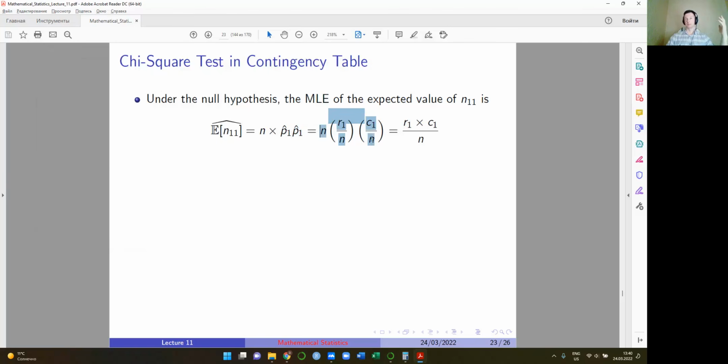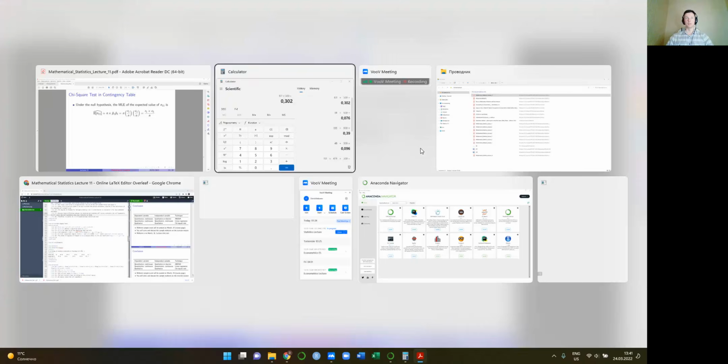But okay, so what is the probability that we fall into the particular row? We divide the number of row counts by the total, n. What is the probability that we will fall in the particular column? We take the column count divided by n. And then we can cancel n in numerator and denominator, and finally this expected value is R1 times C1 divided by n. So what does this mean?